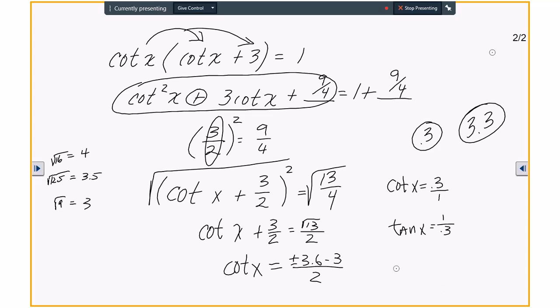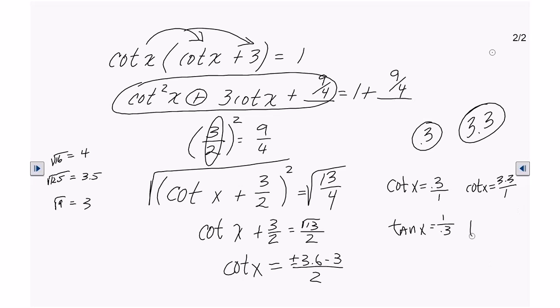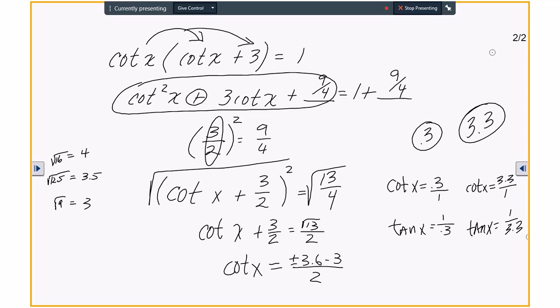So you can do that. Cotangent of x is equal to 3.3 over 1, so the tangent of x is equal to 1 over 3.3. So somebody give me the angle, just round it to the nearest angle here.